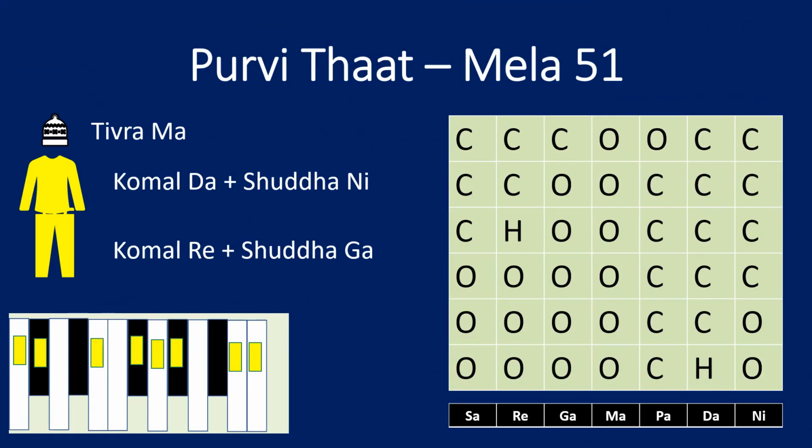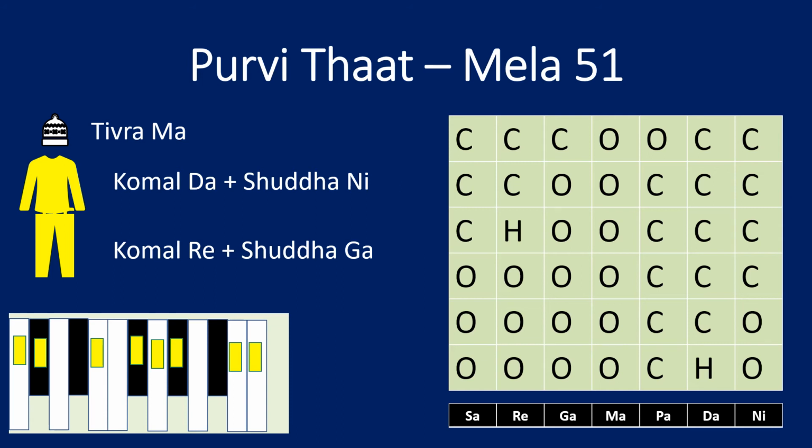Next is Purvi Thaat. Here Purvi is different from the Todi Thaat in only one aspect, and that is that the Ga is Shuddha Ga, the higher Ga. So on a piano keyboard, 3 of the notes are the black notes.